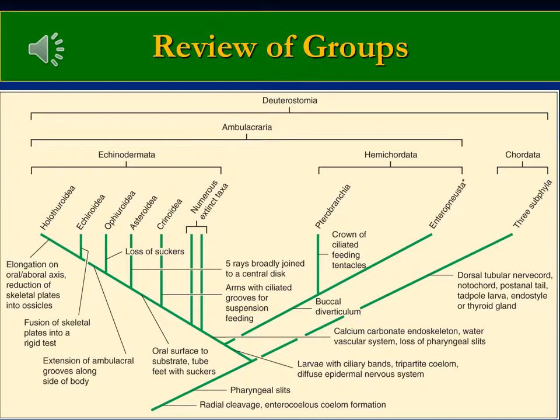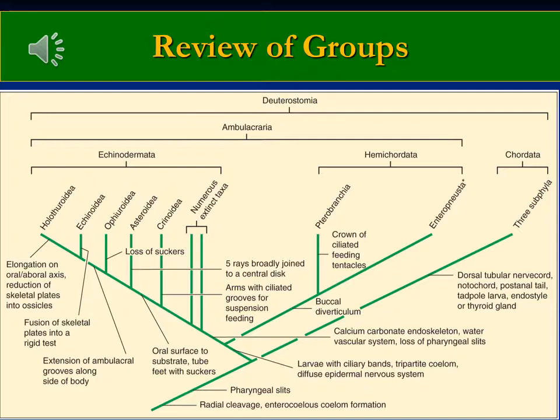Echinoidea, sand dollars, sea urchins and heart urchins, and of course Holothuroidea, the sea cucumbers. The most primitive living or extant members of Echinodermata are the crinoids, the sea lilies, and the feather stars.